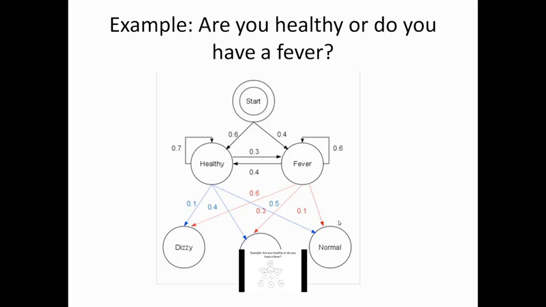So here's an example that you can see on Wikipedia, which is where I got this figure from. It's just a simple example to help explain how this very intense algorithm works: are you healthy or do you have a fever? So you start at this start diagram, and there's a 60% chance you're healthy and a 40% chance you have a fever.